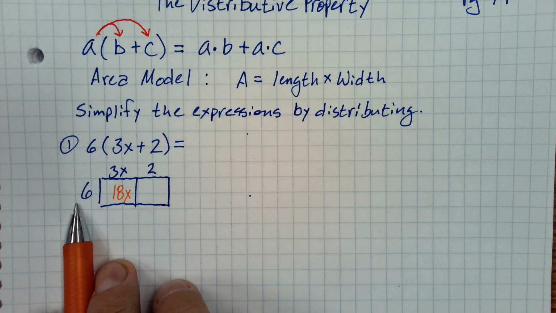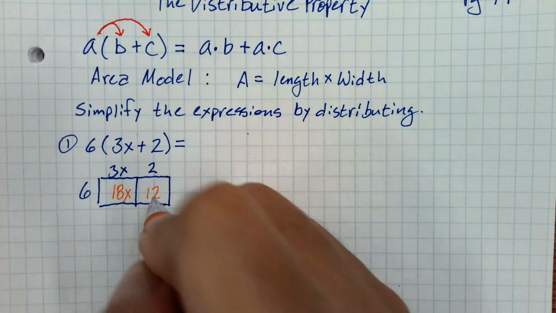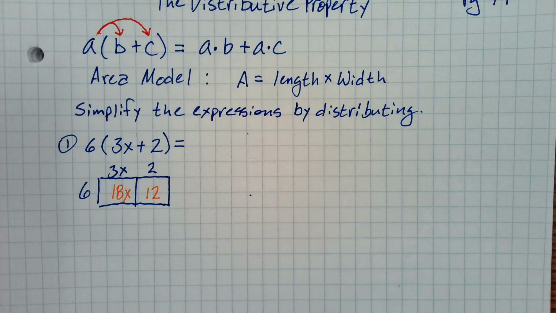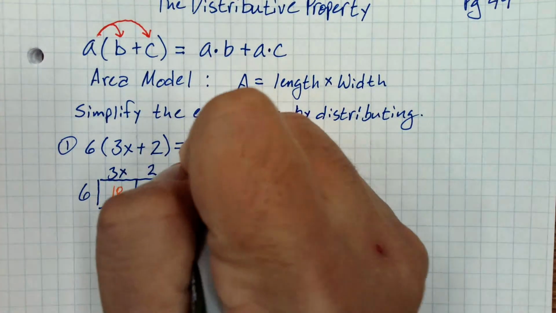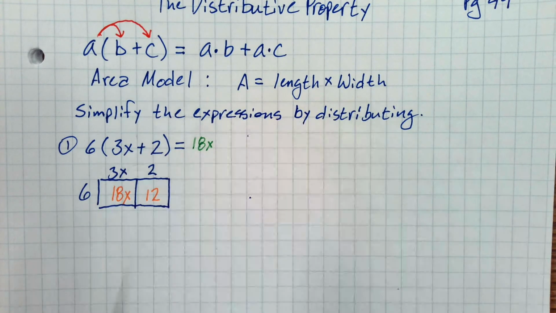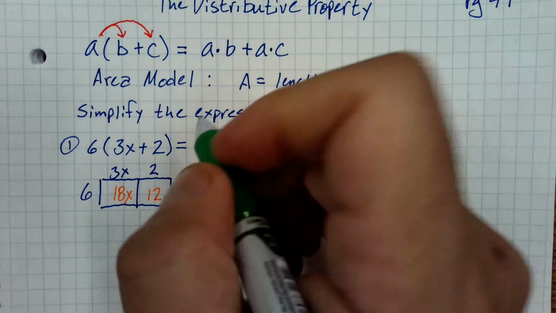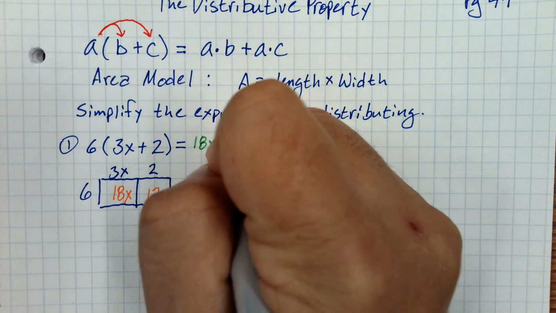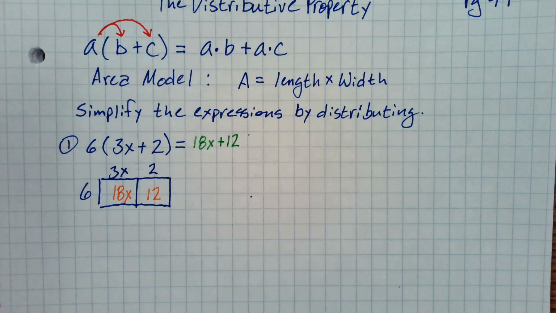And then you multiply 6 times 2. 12. So we get 18x and positive 12. So over here, we write down that answer. 18x, that's one term. And the second term was positive 12. So that would be written as plus 12.